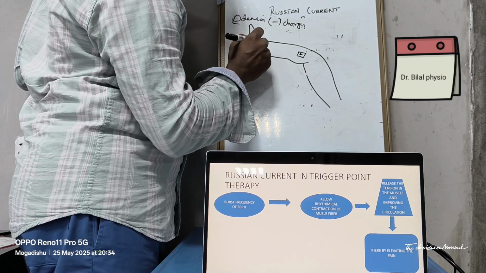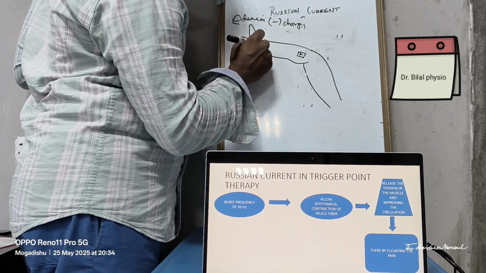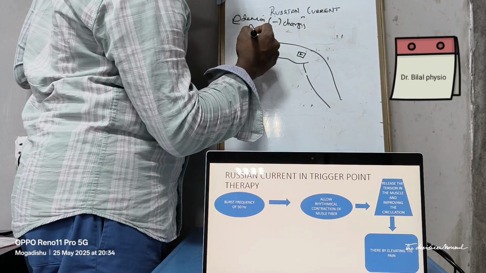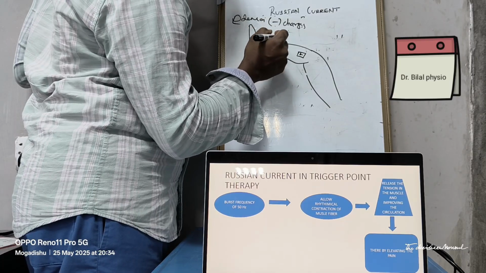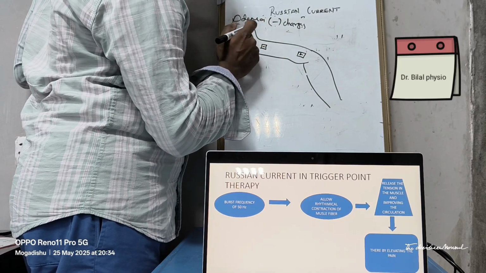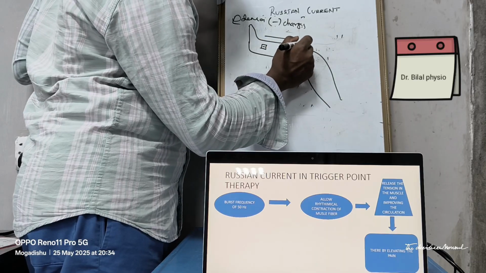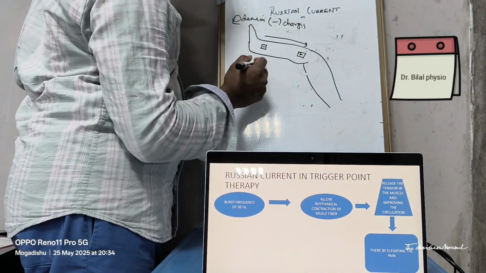So placing the negative electrode will cause repulsion of the negative charges, and they will flow towards the positive charge.